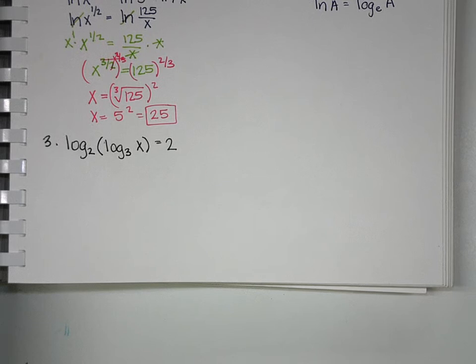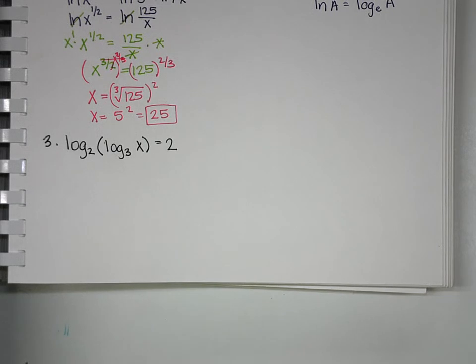And you'll notice that we only have a log on one side, not the other. So it's different from the first two that had logs on both sides that we could simplify and then be able to drop the logs on either side. We can't do that here because we don't have a log on both sides. So this is one where we're going to actually use the definition of a log.